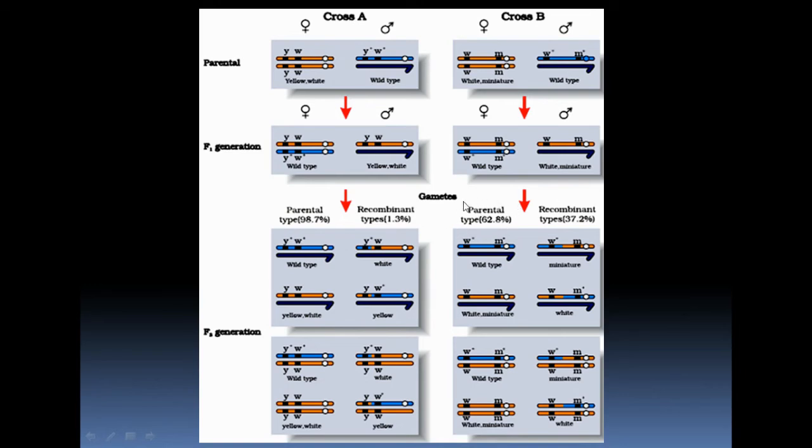Whereas in cross B, the parental type is 62.8% and the recombinant type is 37.2%. And you see here the genes are far apart. That is why we get the recombinant or non-parental type much more as compared to cross A.